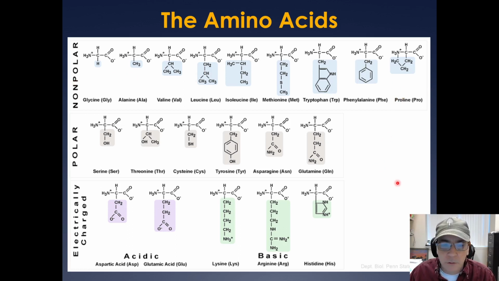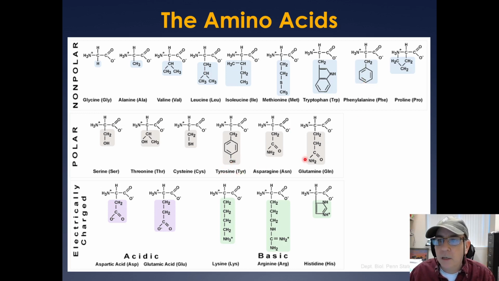If you start to look at things, aspartic acid is the acidic form of asparagine, right? It's very similar, it just changes a little bit from the acid form to the polar form. Same thing with phenylalanine and tyrosine, very similar. Tyrosine has an OH group on it.